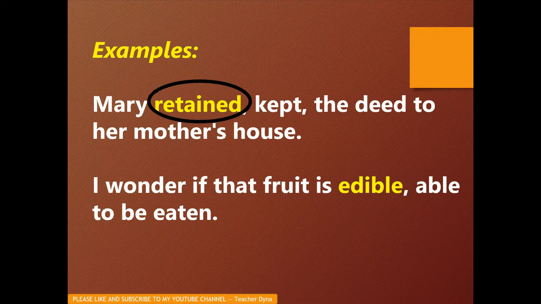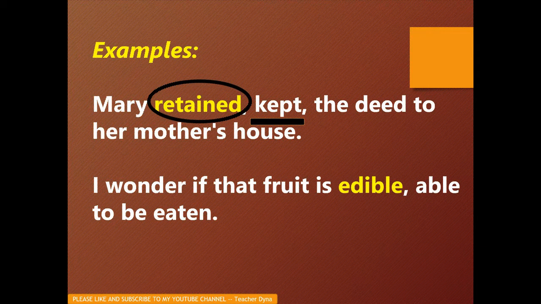Since we said it's context clue, the clue is in the context. The clue here is the word kept. How did we know that? We said a while ago, clues come after the comma. As you can see, we have the unfamiliar word retained, and after that, we have a comma and the meaning.